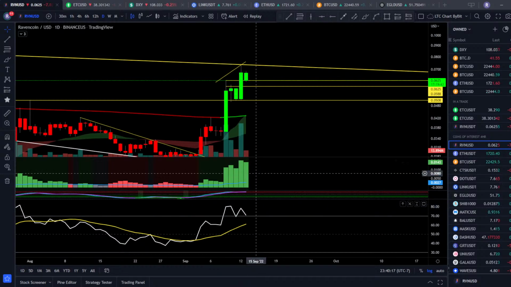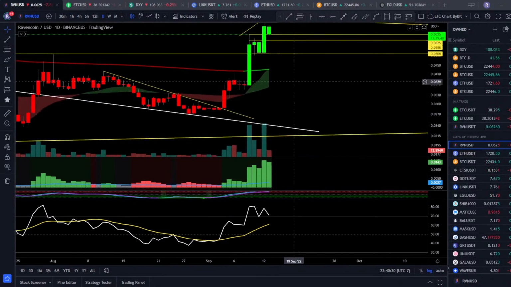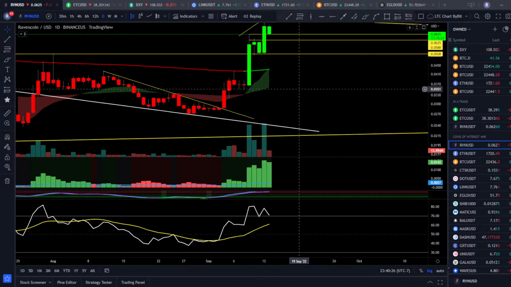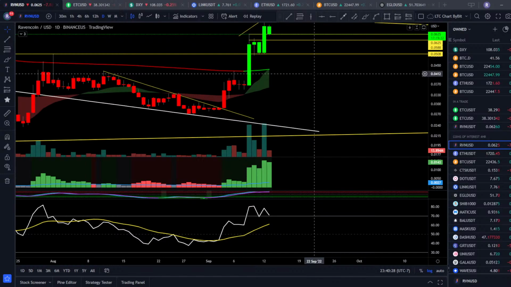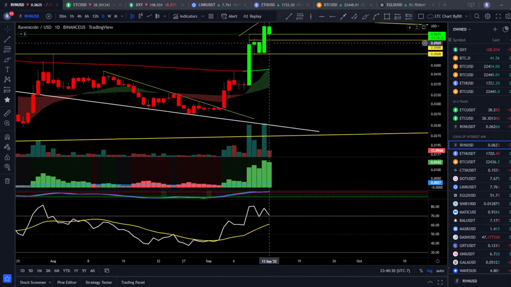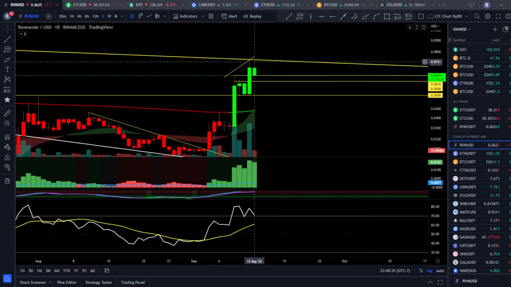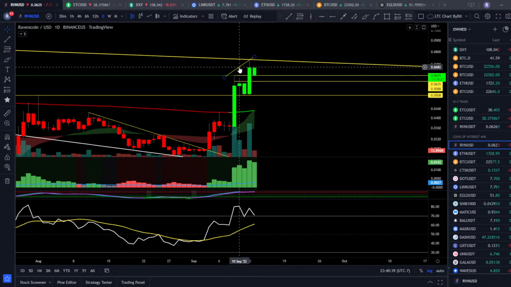Now, I'm really concerned. When we were down here, I was buying as much as I could because we had all this room to run. We had the Ethereum merge coming up, and everything was looking great. But now that we're at resistance, the merge is in a few days, we have no idea what's going to happen.